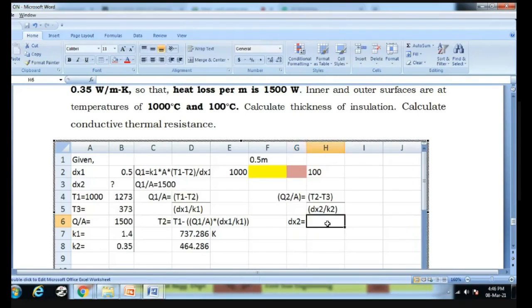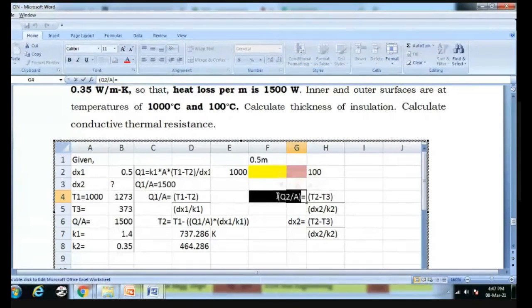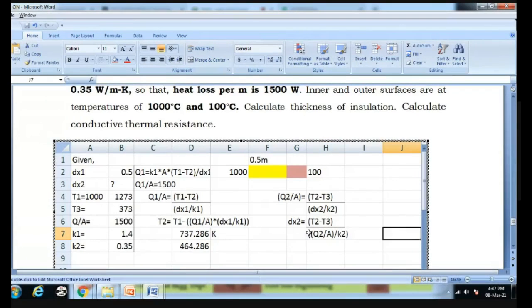dx2 is equal to what? How is the formula becoming here? This T2 divided by this. Actually, this quantity is coming there. Is it okay? This you need to find now: dx2, the thickness of this insulation. So dx2 is equal to T2 minus T3, that you know.